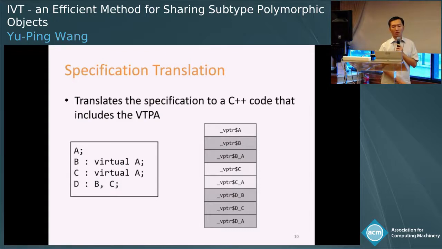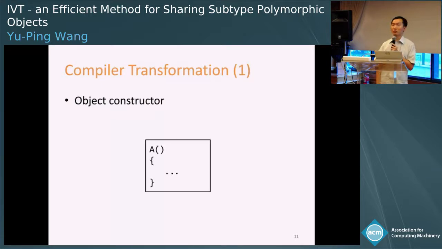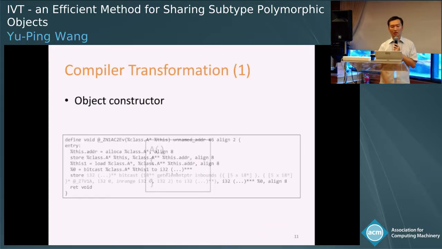The second way of using the specification is that we give hints to the compiler transformation. The compiler transformation takes place in two places. The first one is the object constructor. Here is an ordinary object constructor, and the corresponding LLVM IR code looks like this.